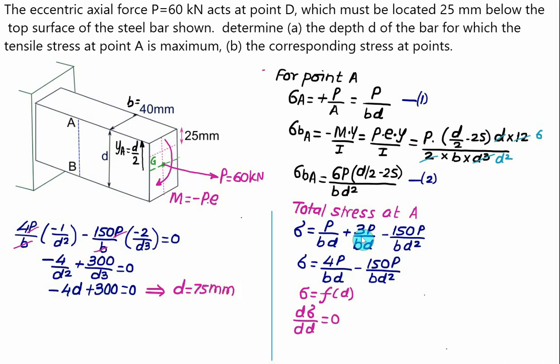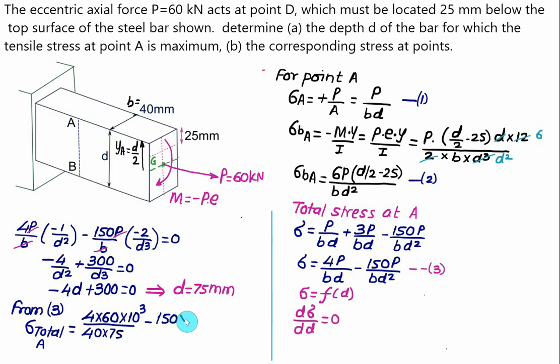Once we put the value of d in this equation, that is equation number 3, we are able to find the maximum stress, that is the total stress at point A. So from equation 3, the total stress at point A is 4 times of P, where P is equal to 60 kilonewton. 60 kilonewton is 60 into 10 to the power 3 divided by B multiplied by D, where B is equal to 40 and the depth is equal to 75, minus 150 times P, where P is equal to 60 into 10 to the power 3 newton, divided by B D square.